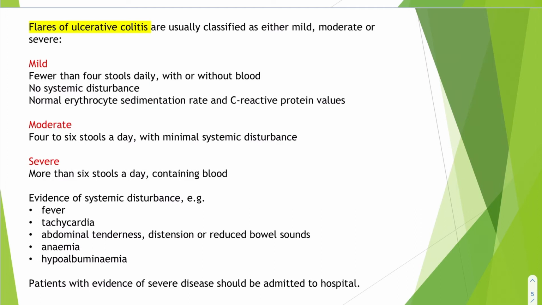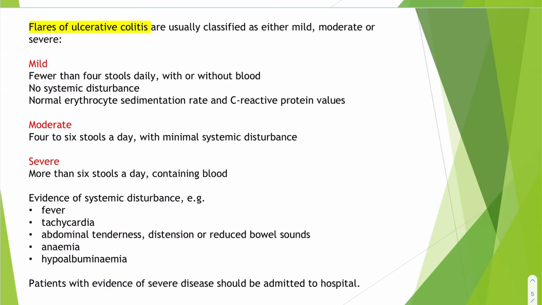What is the evidence of systemic disturbances? When we talk about systemic disturbances, we're talking about the patient having fever, tachycardia, abdominal tenderness, distension or reduced bowel sounds. Patient may have anemia and hypoalbuminemia. Obviously, patients who have evidence of severe disease should be admitted to the hospital.